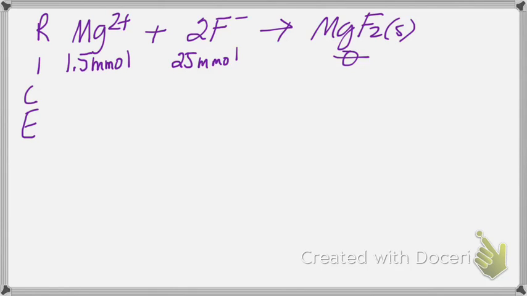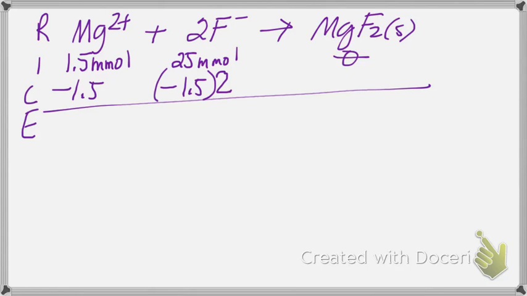At the change, we can only make as much as what? What's our limiting reactant there? The magnesium. So our change is going to be minus 1.5, minus 1.5 times 2, because of the 2. Wait, 2F. Yeah, it's 2F.